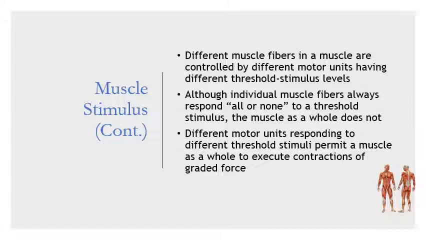The amount of stimulus is different to each part of the muscle, but the strength of the muscle or the strength of the movement is how many muscle fibers were stimulated by that motor neuron. So you've got all these motor neurons. If only a couple are stimulated, then you would have less strength in that movement. But if a whole bunch of them were stimulated, then you would have more strength with that movement.